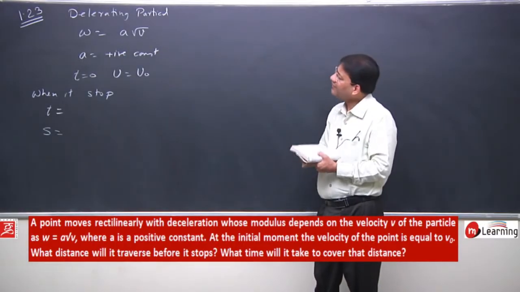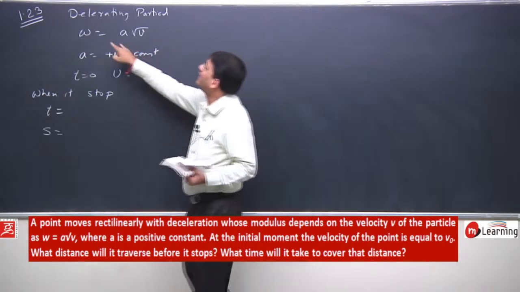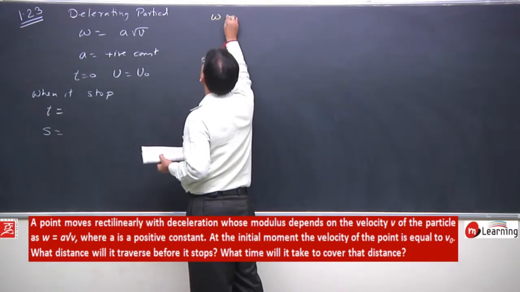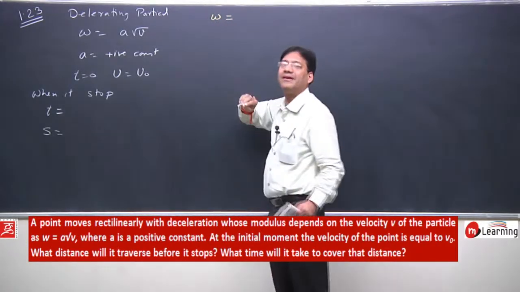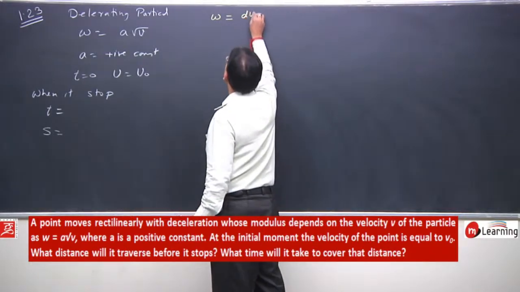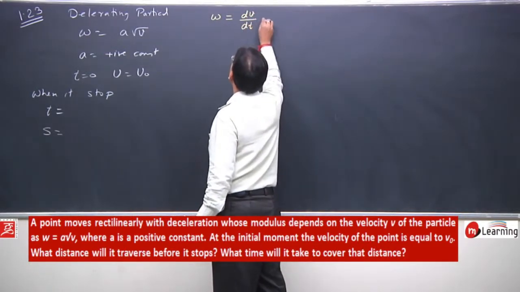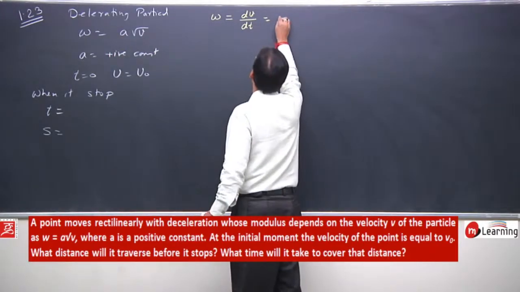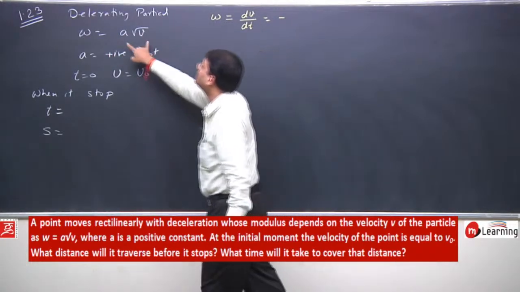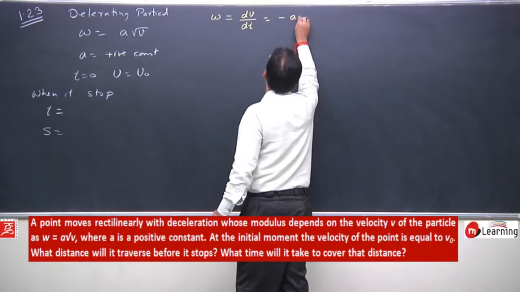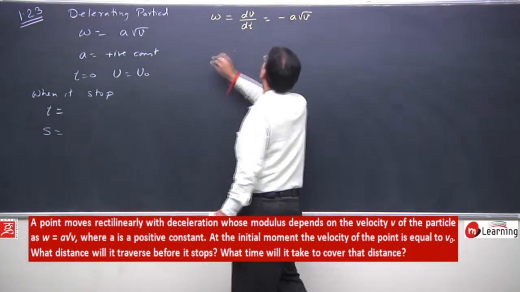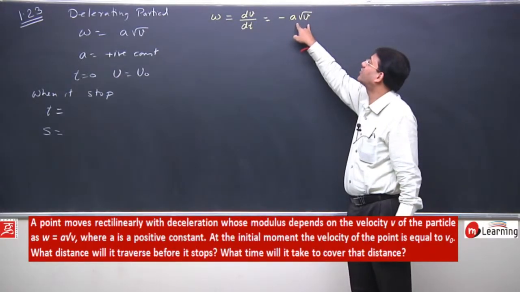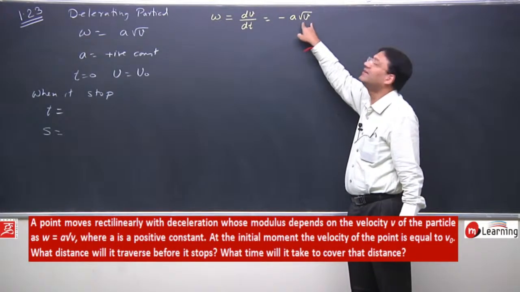Look, a decelerating particle. Let me say the acceleration of the particle is w, and that acceleration is dv by dt. Since it is already mentioned that it's a decelerating particle, I write it with a negative sign, and this is the modulus of deceleration. So the acceleration is minus a root v, where a is a positive constant.